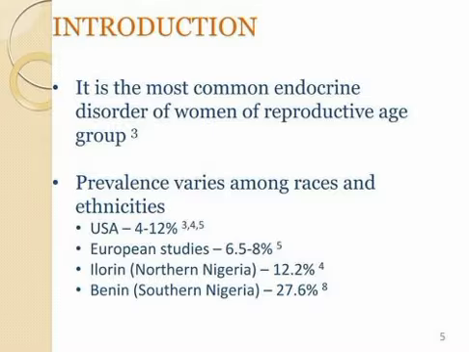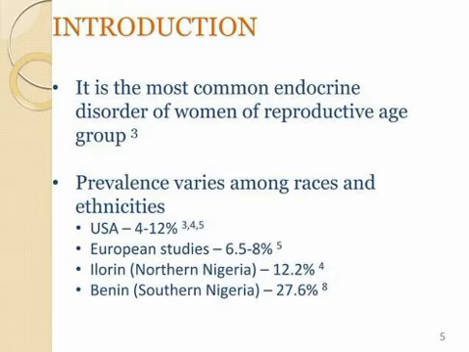Next, it is the most common endocrine disorder of women of reproductive age group. Nowadays, polycystic ovarian syndrome is the most prevalent disease among women of reproductive age. Usually, a percentage of the people have this polycystic ovarian syndrome.